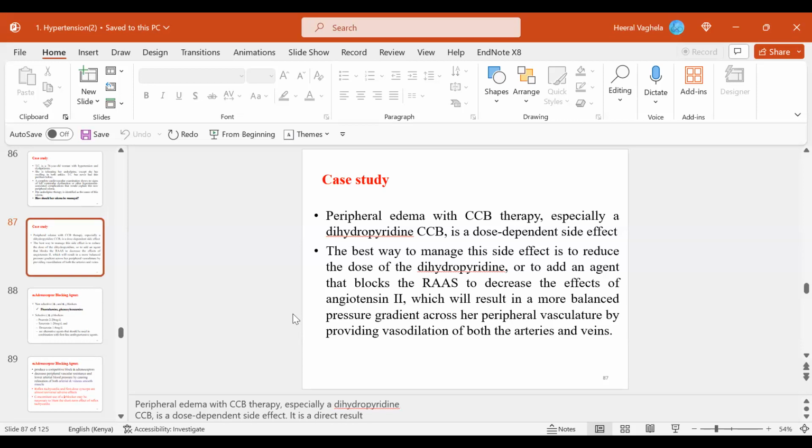And for these two drugs, they are contraindicated in pregnancy, and both of them cause hyperkalemia. So you do not give them in combination with K-sparing drugs like spironolactone.